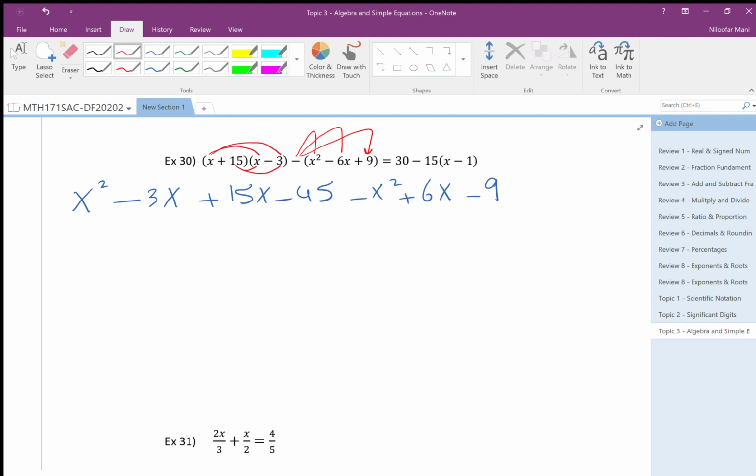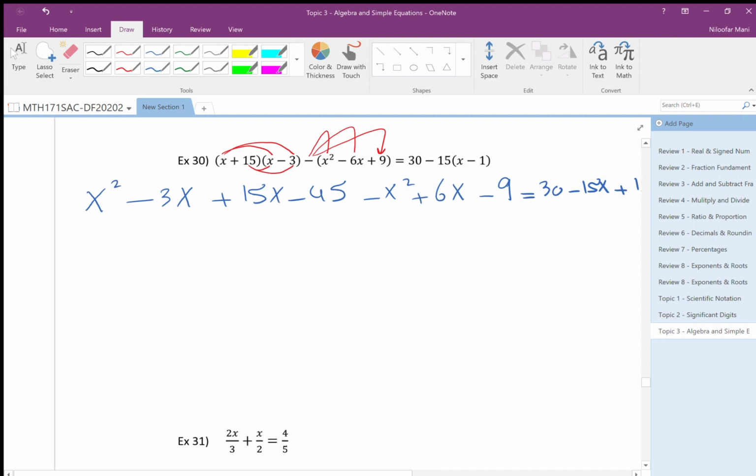Sometimes I see a student say minus x squared, and they forget to change the sign of minus 6x and 9 as well. How about the other side? The other side, 30 minus 15x plus 15.